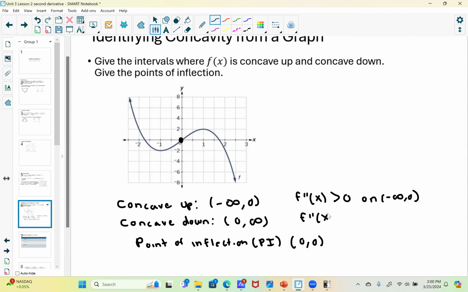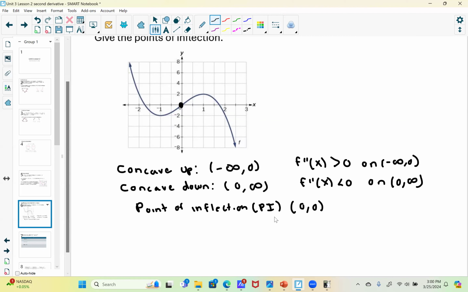And the second derivative would be less than 0 on 0 to infinity. And I would know that there's a point of inflection at 0 because my second derivative changed sign. It changed from being greater than 0, so positive, to being less than 0, negative.